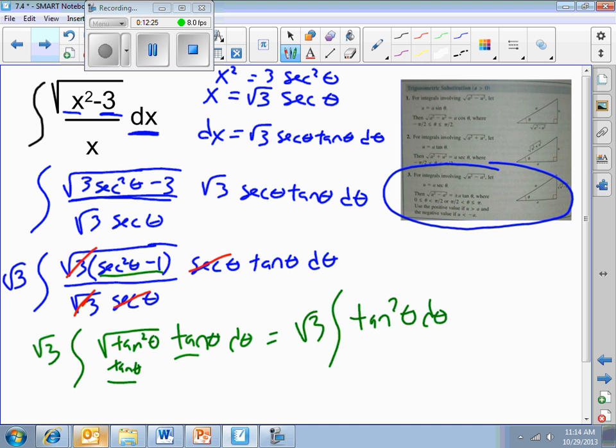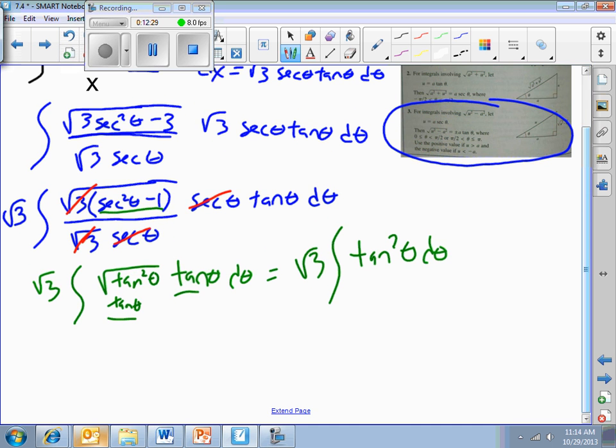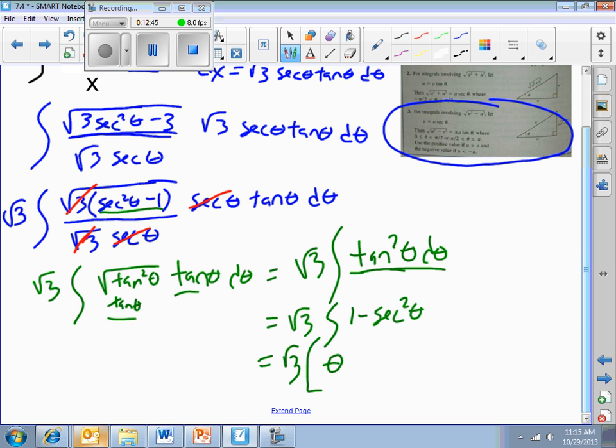Well, we saw this on Bellwork the other day, that my trick to this one is to use the Pythagorean identity. Oops, let's back up a little bit.